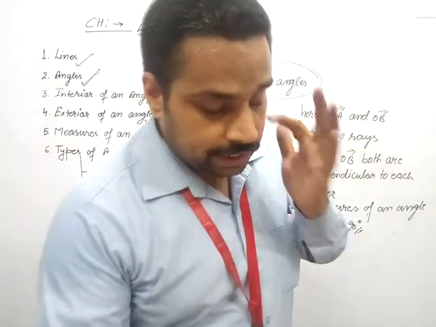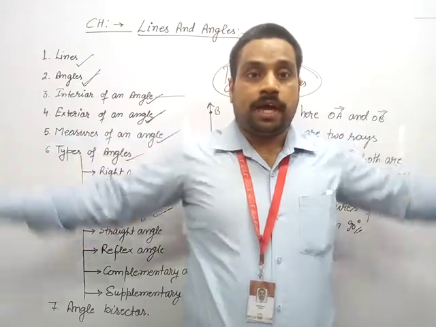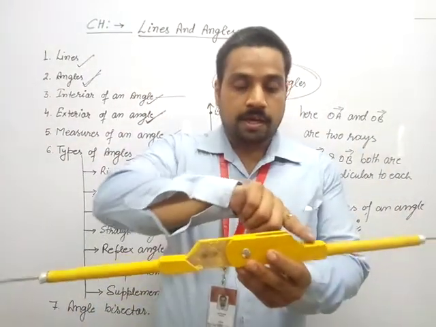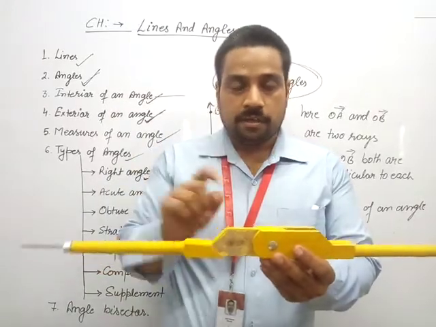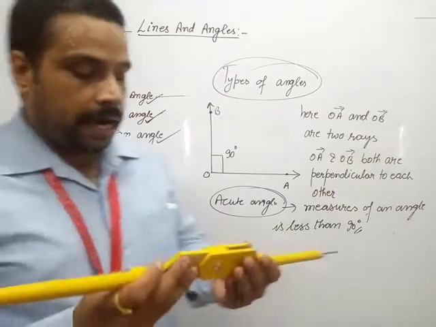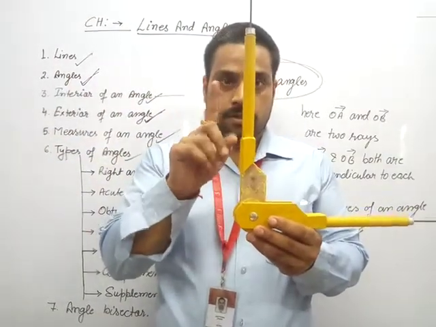Both are opposite to each other and they are making a straight angle of 180 degrees. This 180 degree angle is equal to 2 times the 90 degree angle.